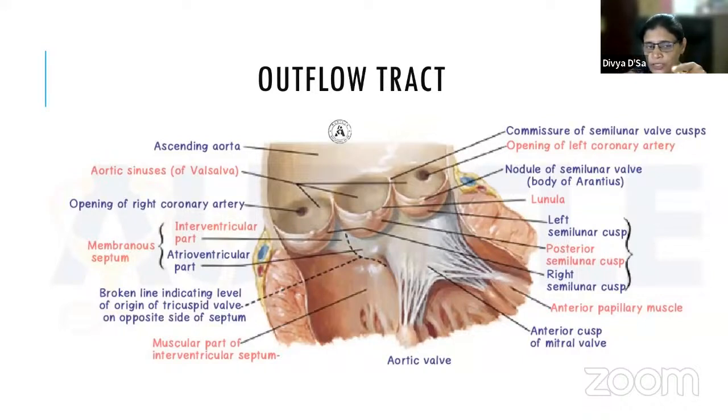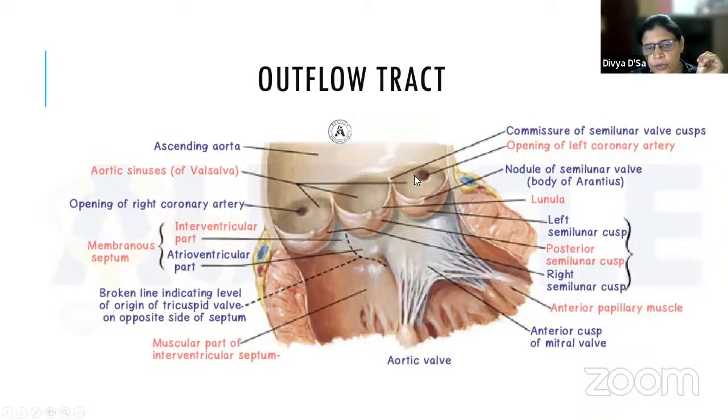That is why, for the ascending aorta and the pulmonary trunk, instead of leaflets, we have cusps, present between the ventricular chambers and the pulmonary trunk or ascending aorta.